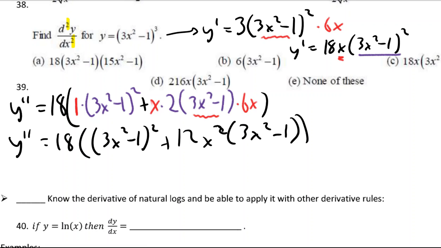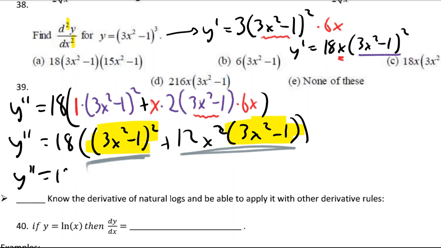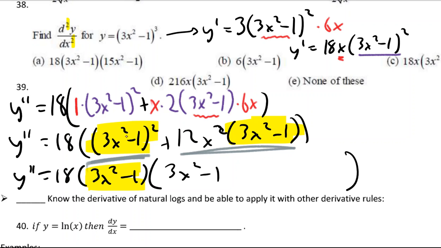So based on that hint, what I notice about this term and this term is they have a GCF, they have a 3x squared minus 1 in common. So I would factor it out. And then that would leave behind a 3x squared minus 1, because there was 2 of them. So if I pull out 1, there's still 1 left behind. And then over here, this would be a 12x squared.